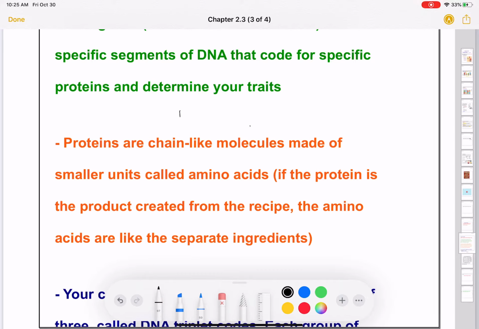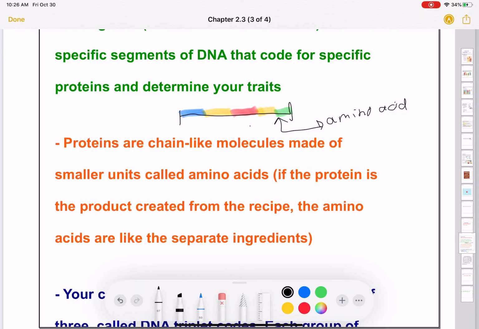So I did have a drawing there. I'm going to draw it a bit better. So if this was our chain, each little piece is an amino acid, and the whole chain together is the protein.